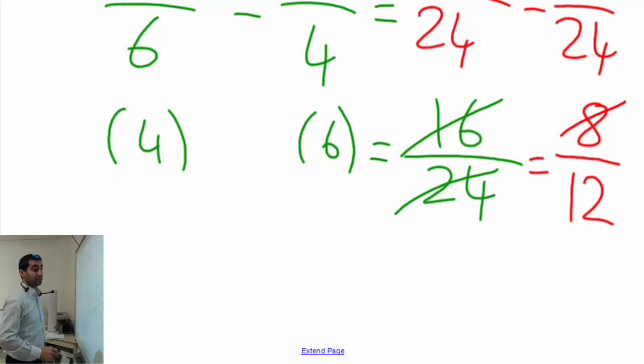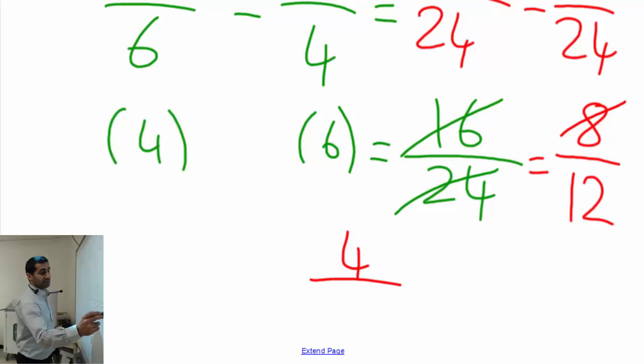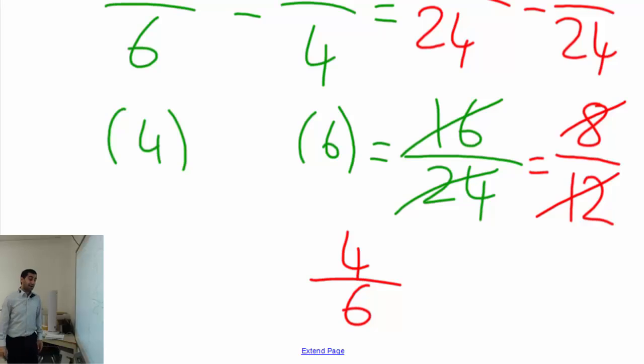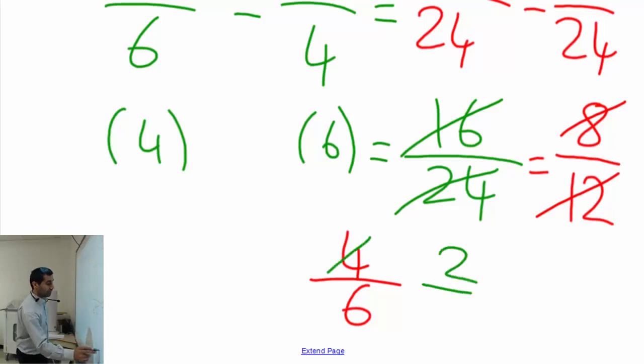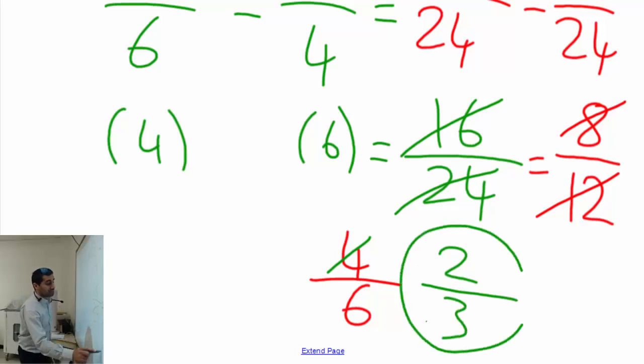Divide 8 by 2, I will be getting 4 divided by, 12 divided by 2, I will be getting 6. And I can clearly see that that's not the lowest term either. I can still divide both numbers by 2. So let's take the next step. 4 divided by 2 is 2, 6 divided by 2 is 3. So that's the answer. 2 divided by 3 is the answer.